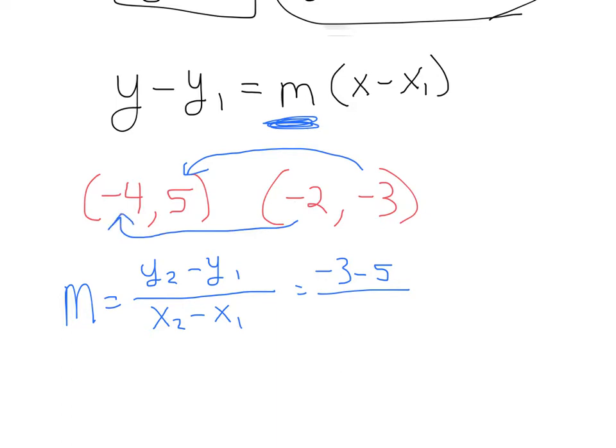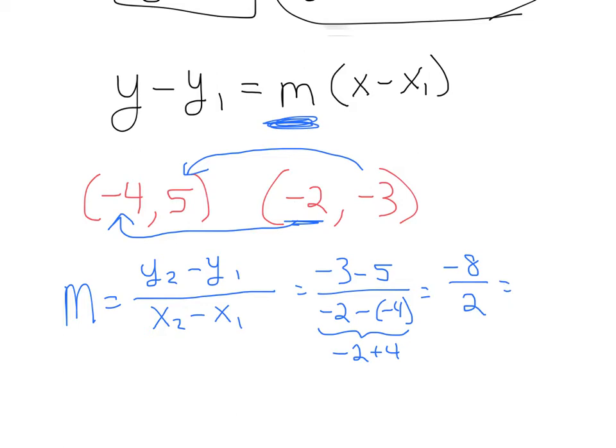So if I'm going from -3 to 5, I have to go from -2. So -2 minus -4. -3 minus 5 is just -8, over -2 minus -4, which is the same thing as -2 plus 4, so that's just +2.